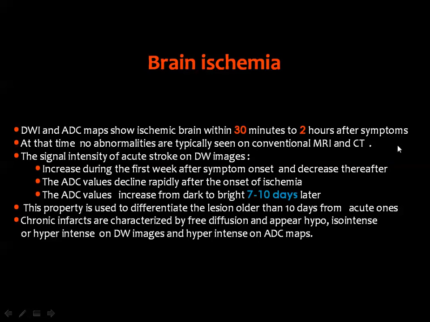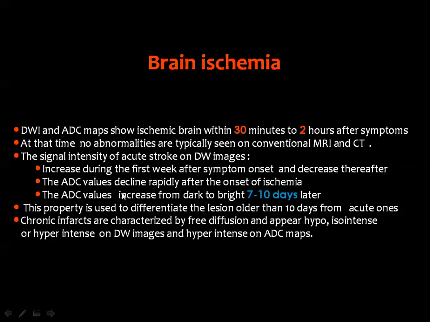And you remember that with the other imaging modalities, CT may take about 24 hours, and MRI may take longer than 2 hours to show the abnormality. At that time, between half an hour and 2 hours, no abnormalities are seen on MRI and CT. The signal of acute stroke increases during the first week after symptoms and decreases after that.